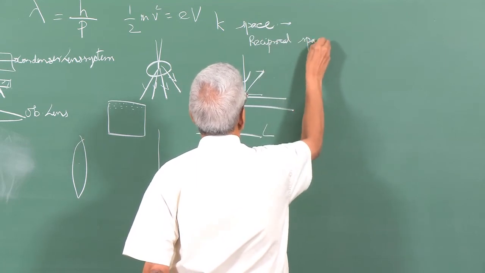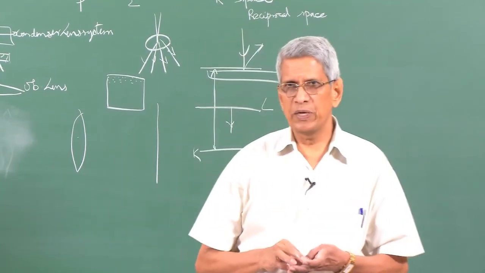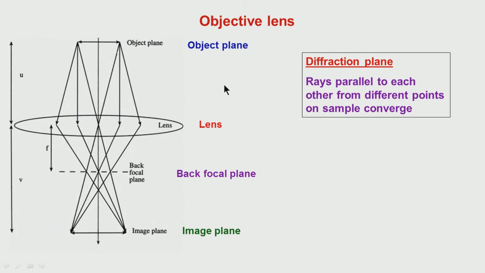And then there is where an image is being formed. If you try to define a diffraction plane, it is the plane in which rays which are parallel to each other, but scattered from different points on the sample surface, are focused at a point. That plane is called the back focal plane or the diffraction plane. That is what this plane is.